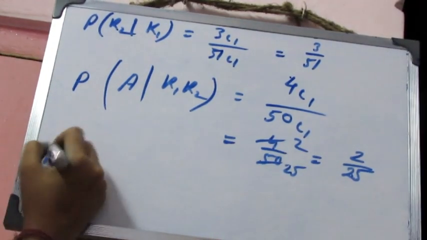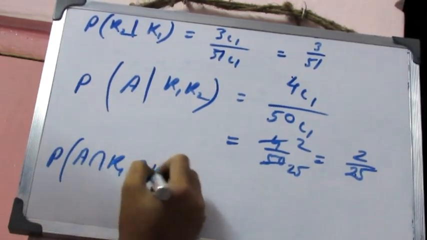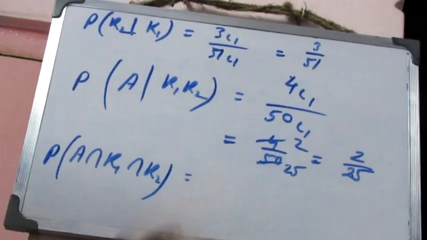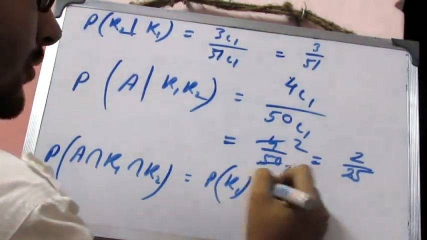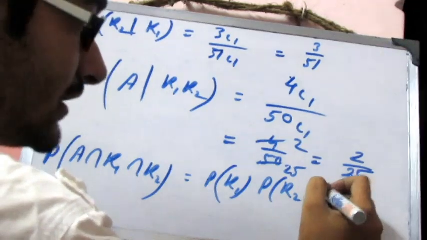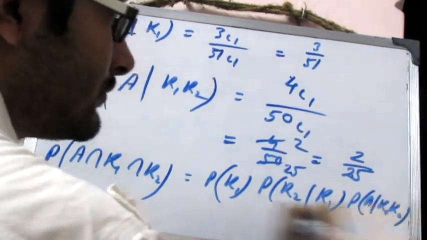Now we have to find the probability of A intersection K1 intersection K2. By the multiplication theorem, it is the probability of K1, times the probability of K2 given K1, times the probability of A given K1, K2.